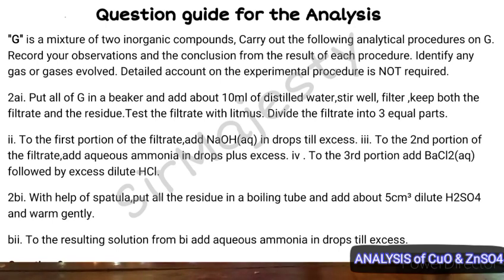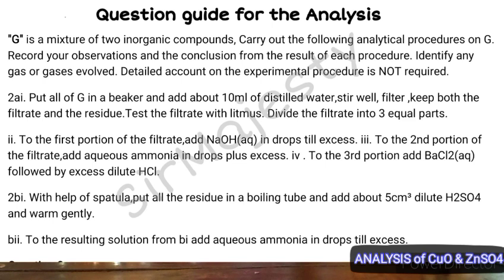Then question II says, to the first portion of the filtrate, add sodium hydroxide in drops until in excess. To the second portion, add aqueous ammonia in drops plus excess. To the third portion, add aqueous barium chloride followed by excess dilute HCl.